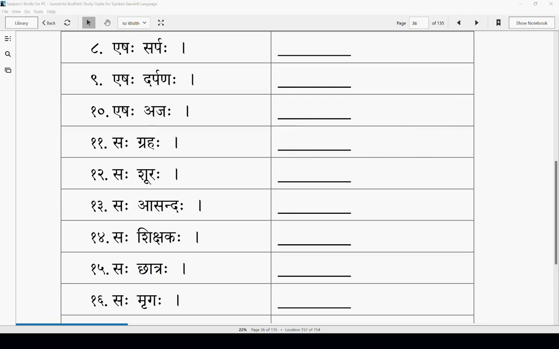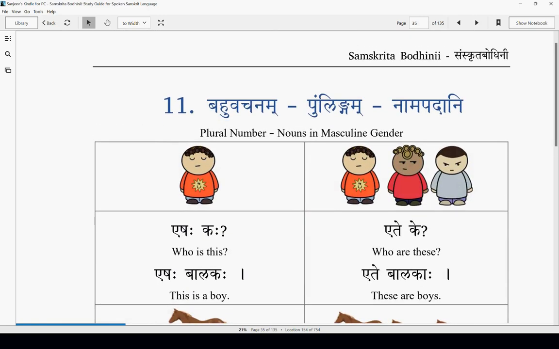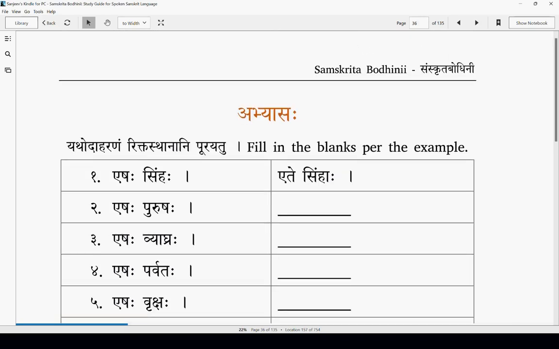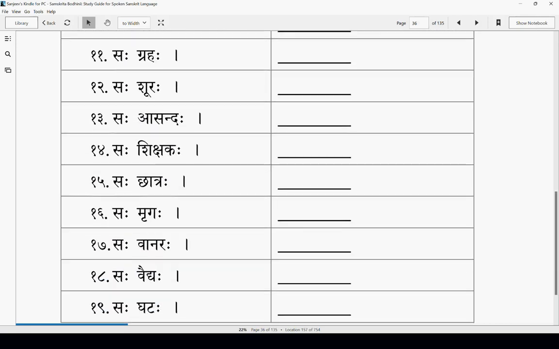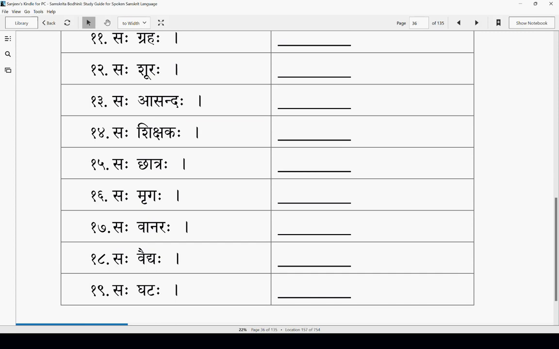Te suraha. Te asuraha. Te sikshakaha. Te chatraha. Te mrugaha. What else is there? Te vaidya, no. Te vanaraha. Te vaidyaha. Te gataha.